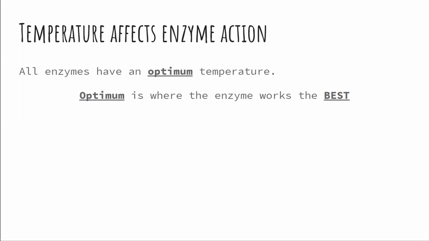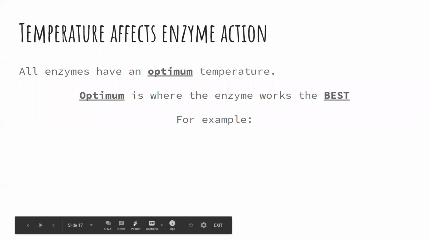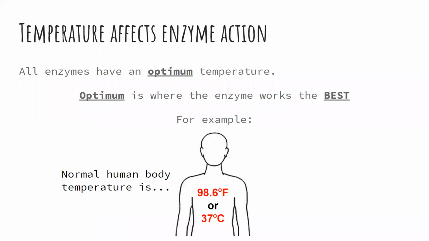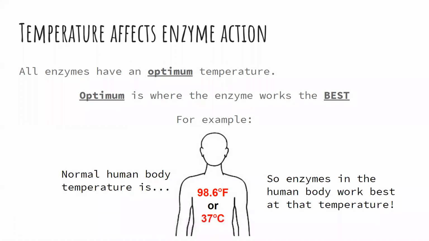Well, different kinds of enzymes have different kinds of best temperatures that they work at, best conditions that they work at. Just like you have a best condition that you work at, and there's a best condition that your friend works at. So let's look at this enzyme, for example. Let's say this enzyme works best at 37 degrees Celsius, because let's say we're talking about a particular enzyme in the human body.